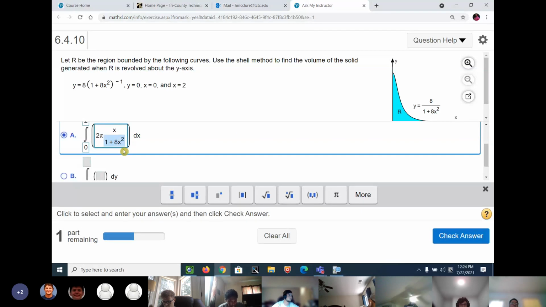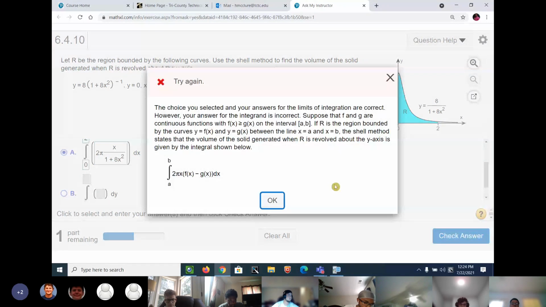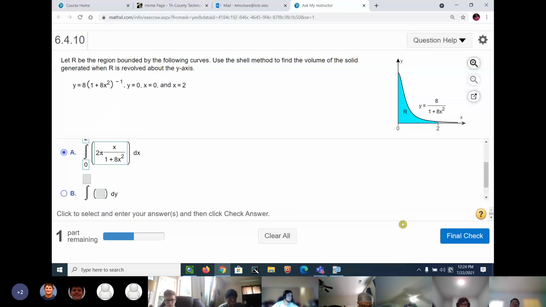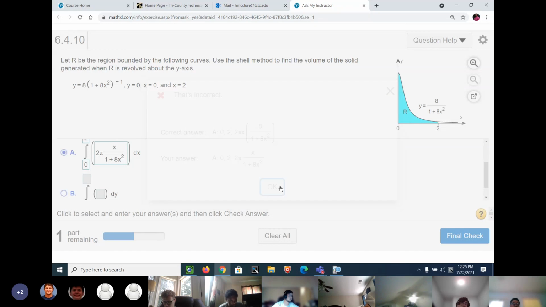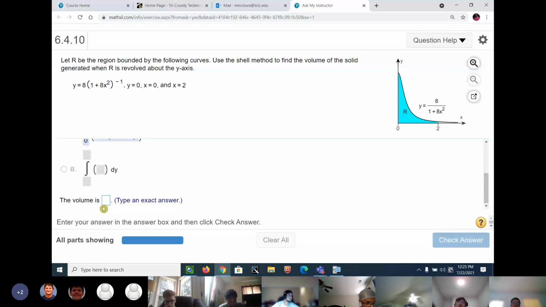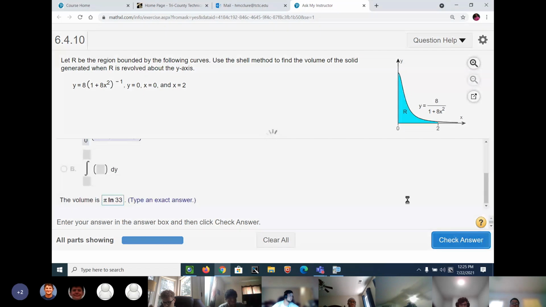That should be close to the answer. Okay, they want the 8. I didn't put the 8 and I didn't put the x, so I forgot the 8, I'm sorry. And let's see if our answer is correct. Pi times the natural log of 33. Yep.